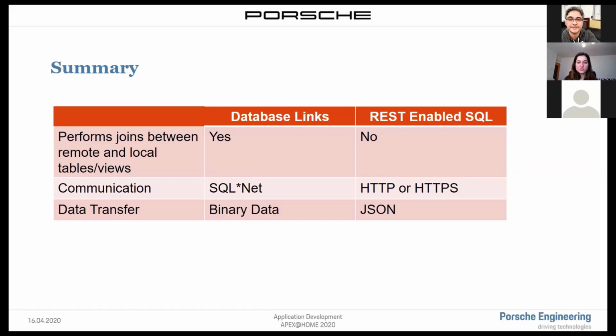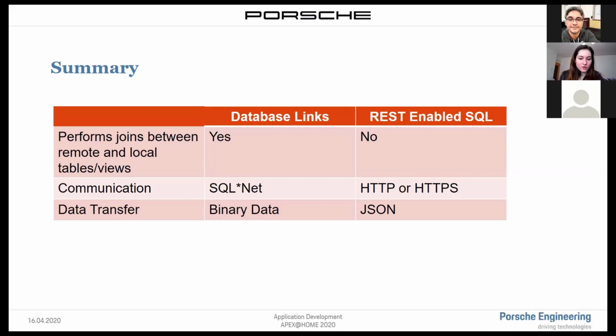Another use case: for us developers, it's a bit hard to ask our DBAs for permission each time to grant privileges to use something like DB links. If we are allowed to use REST-enabled SQL, that will make our life easier, and we won't be annoying the DBAs, or at least not as often as we did in the past.